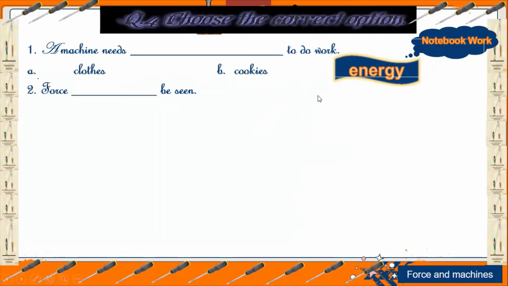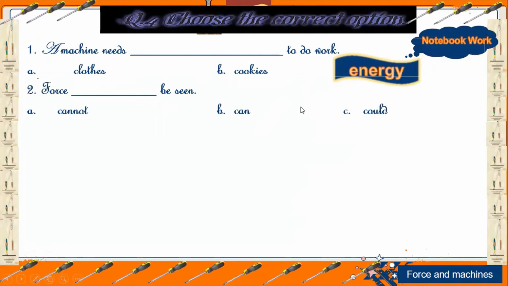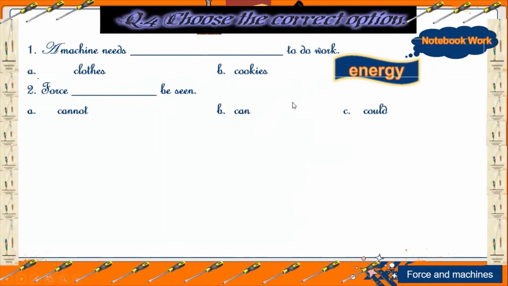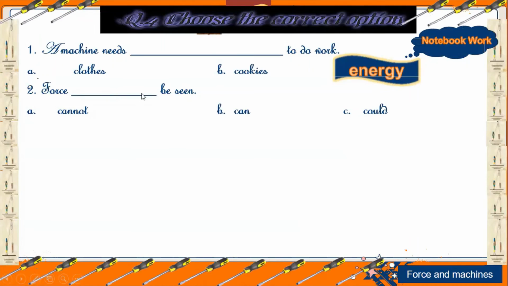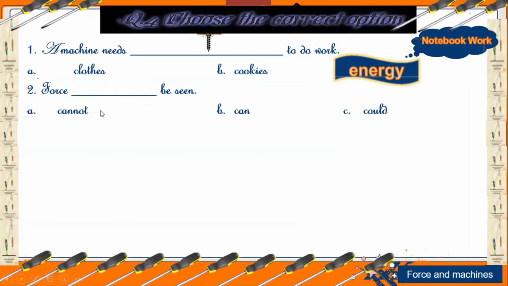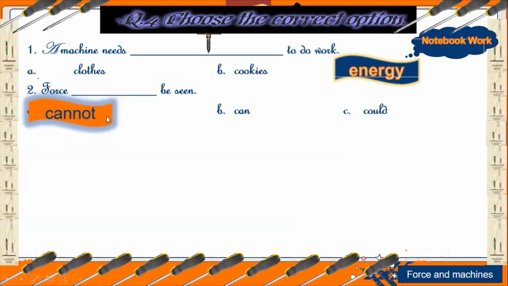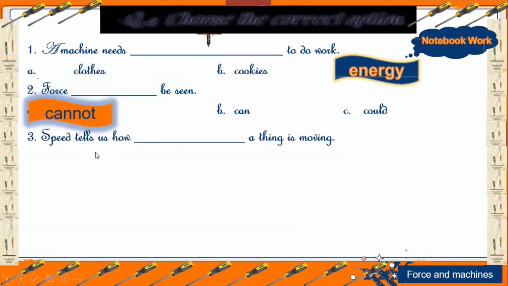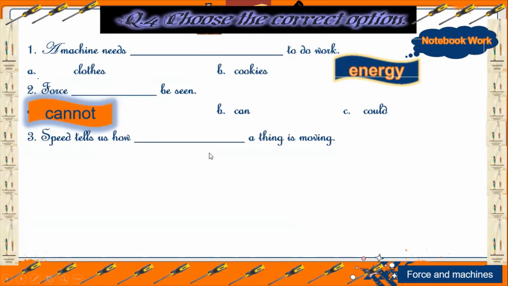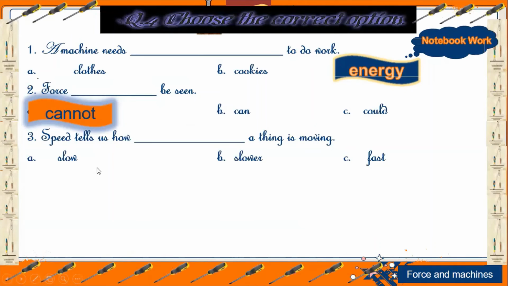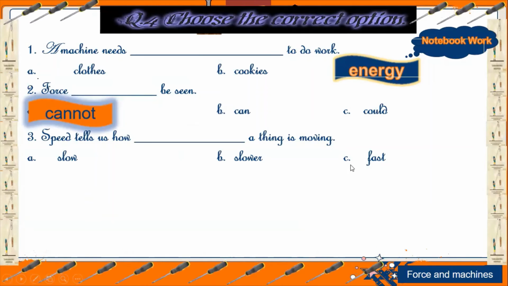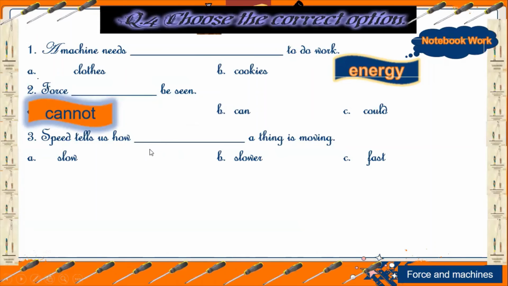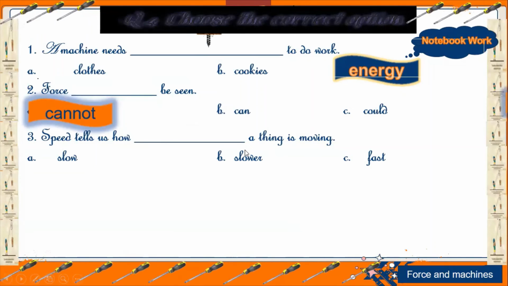Force dash be seen. Cannot, can, could. Force cannot be seen. We cannot see the force. Speed tells us how dash a thing is moving. Slow, slower, fast. Speed tells us how fast a thing is moving.